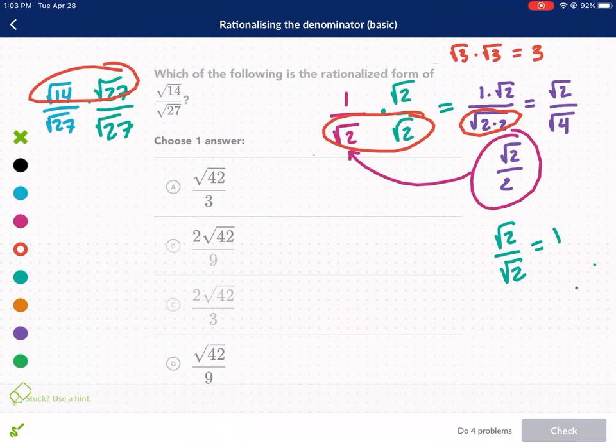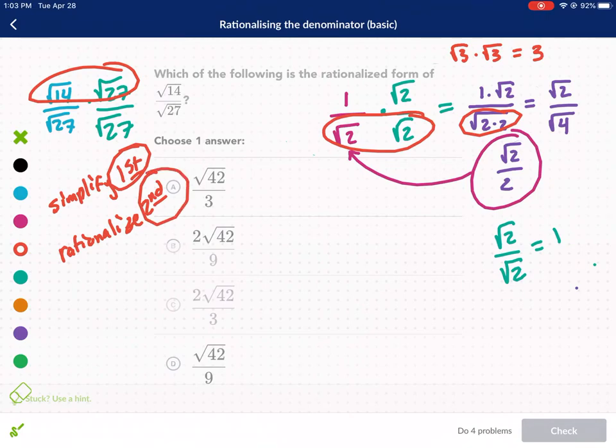So what we're going to do is simplify the radicals first, if possible. So simplify first, and then rationalize second. If possible, we want to simplify first, rationalize second.